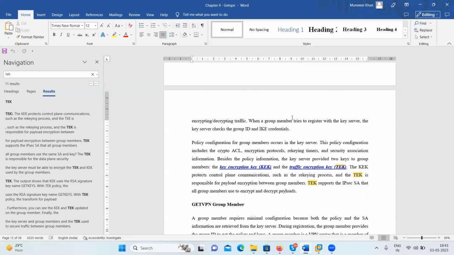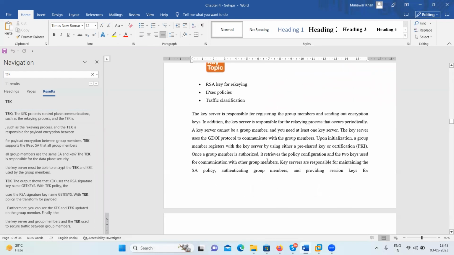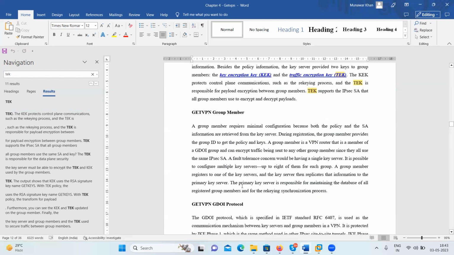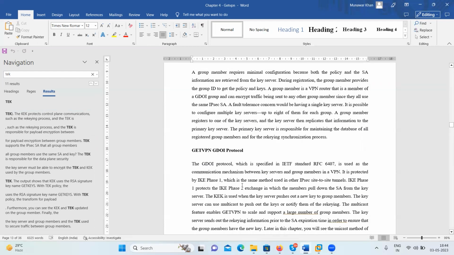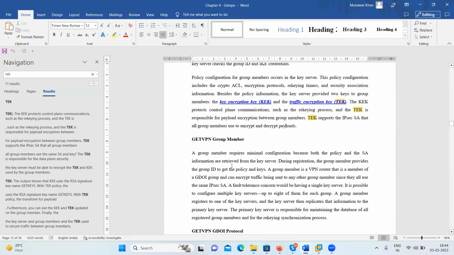So I hope you understood the components of GETVPN, that is key server, group members, and GDOI. And you understood the purpose of the two keys. Key encryption key is used to protect the control plane communication like the rekey process, and the TEK is responsible for the payload encryption between group members.